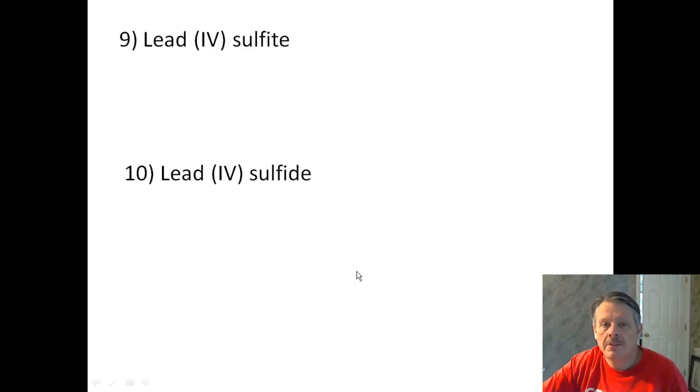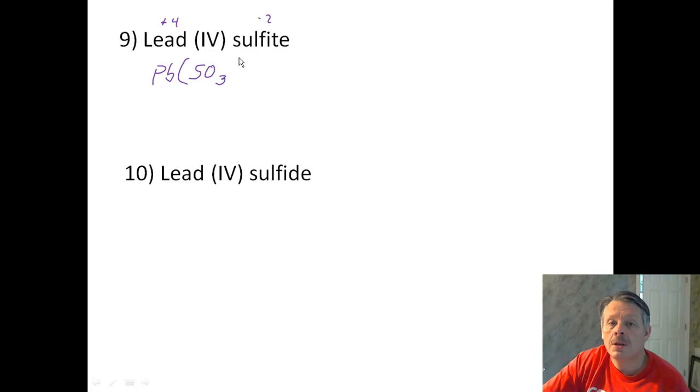Alright, lead 4 sulfite. Ooh, that's a little bit different. Lead is Pb. Sulfite is SO3. +4, -2. That means it reduces to 2 to 1. That is very similar to lead sulfate, but it's lead sulfite. So it's 207.2 for lead.